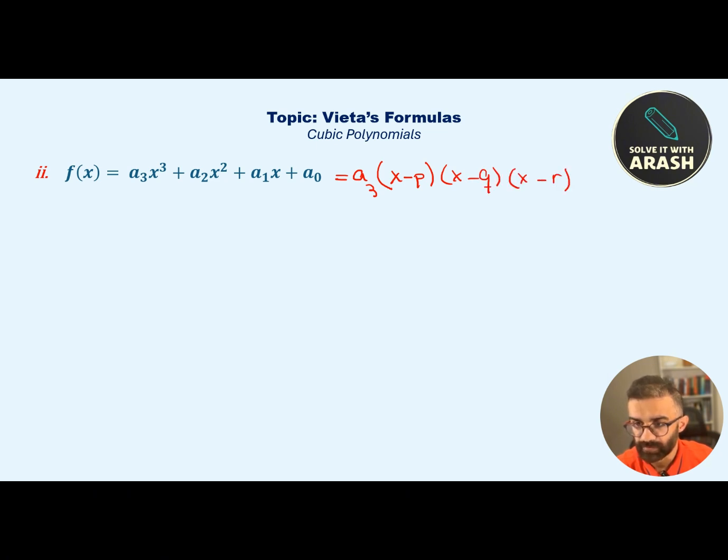I use a3 as the coefficient of the factored form to make sure that the leading coefficients on both sides are matching.